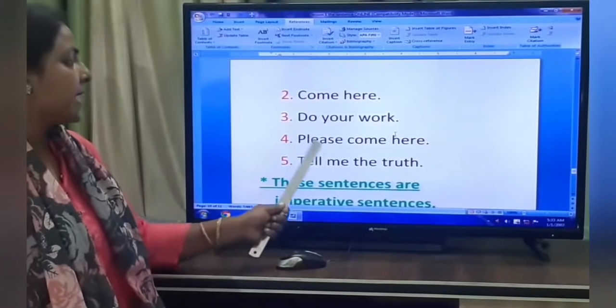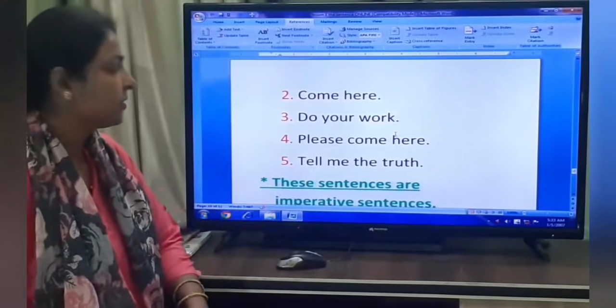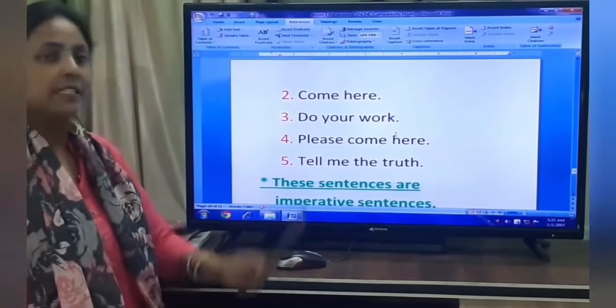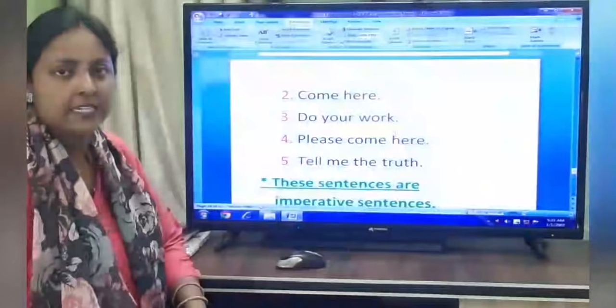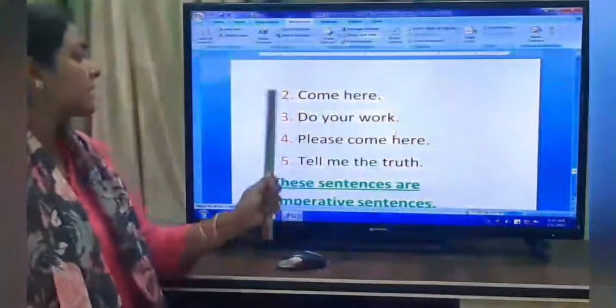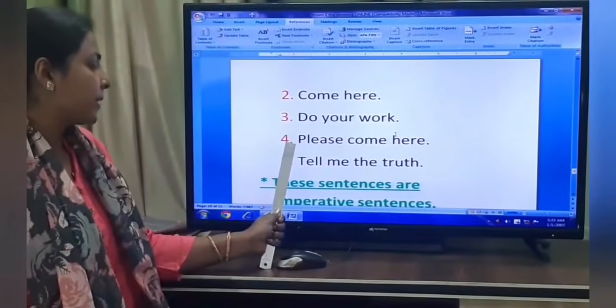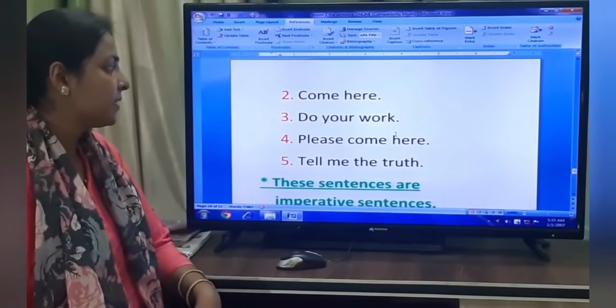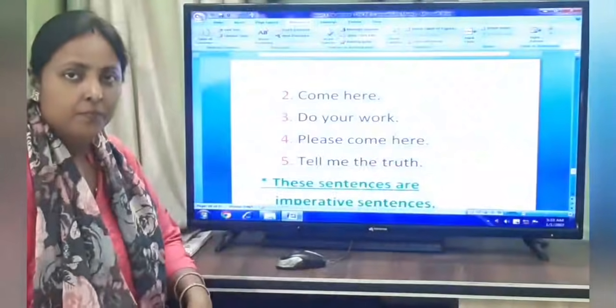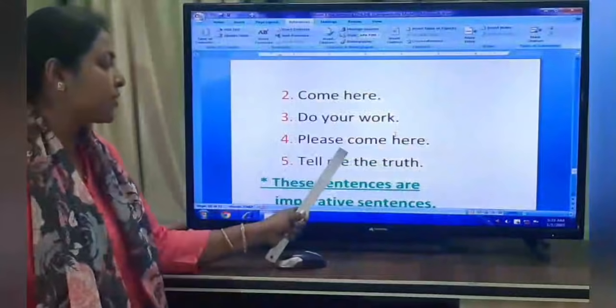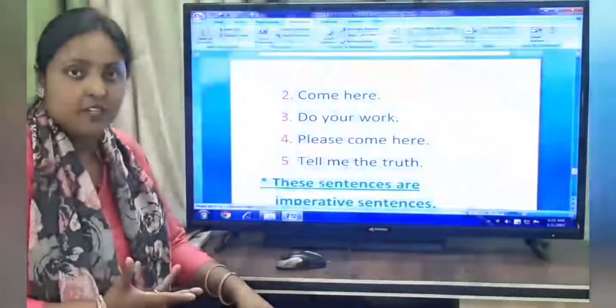So this sentence is an imperative sentence. Next is please come here. This is also an imperative sentence. It starts with the capital letter and ends with a full stop. It gives you a request.